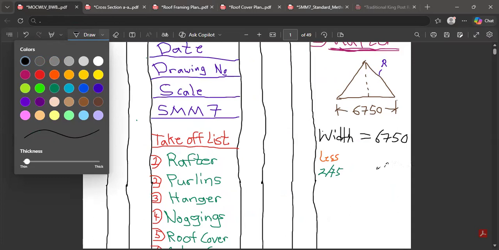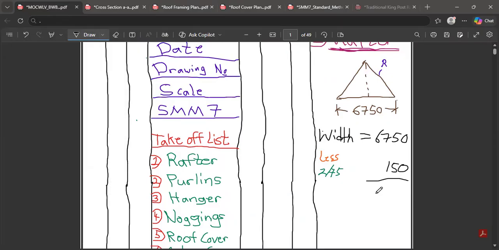That is going to give us 150 millimeters. So we are going to deduct this from this. So now you are going to say 6750 minus 150, which is 6600. So you're going to get 6,600 millimeters. From here, what are we supposed to do next?